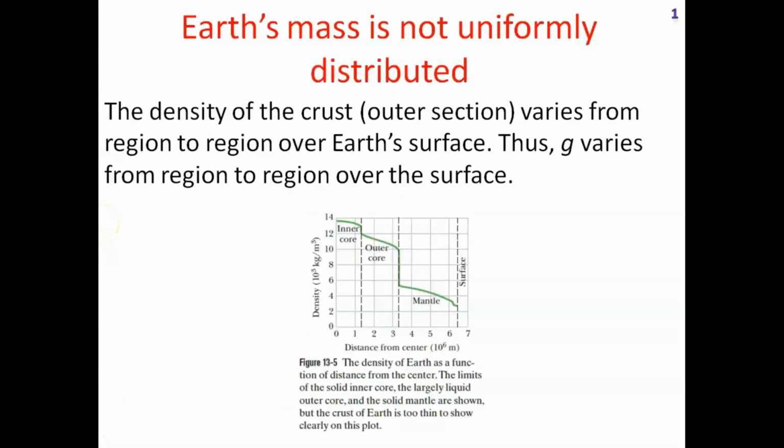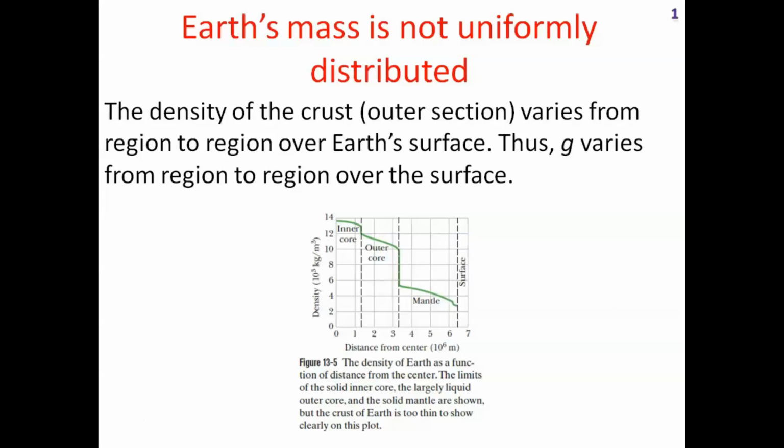We are going to consider the Earth's mass capital M, and mathematically we are going to presume that the density of Earth is uniformly distributed. However, practically it is not uniformly distributed. Here a graph on the screen shows how density is decreasing from inner core to the surface. So in the inner core, the density is highest.